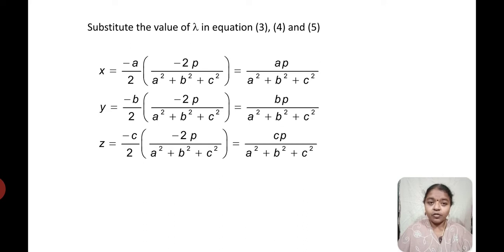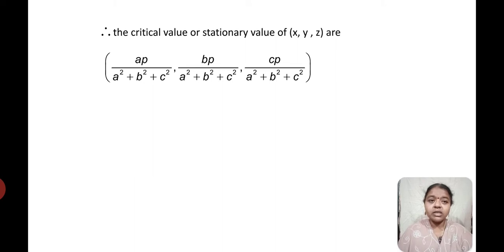Therefore, the value of x becomes ap divided by a square plus b square plus c square. The value of y is bp by a square plus b square plus c square, and the value of z is cp divided by a square plus b square plus c square.